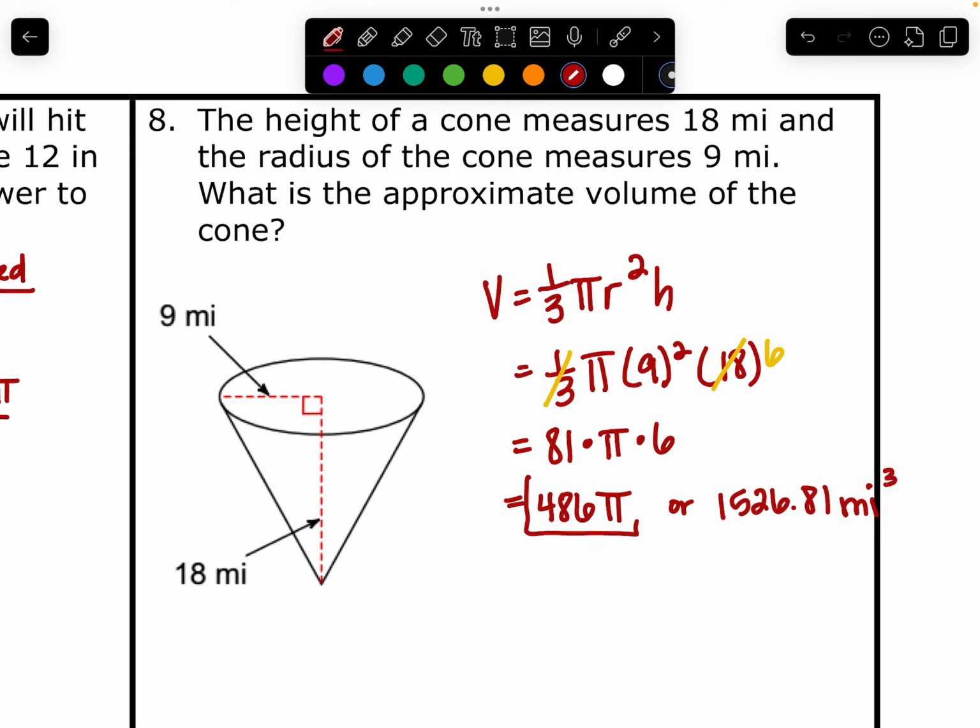And then we got that answer or that answer. So in terms of pi and then decimal, it does say approximate, so that means decimal, but I put both just to get practice.